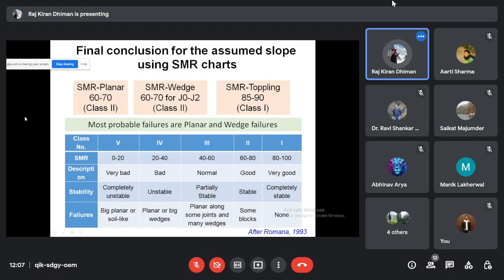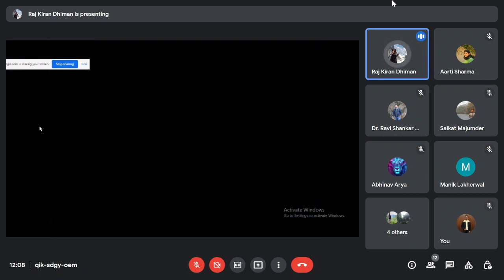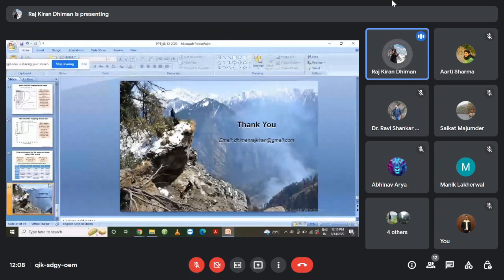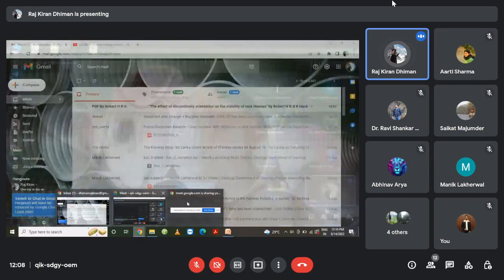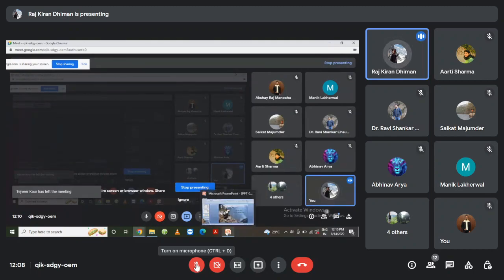So if you have any questions up to this, you can ask me, and I hope you all were able to understand this SMR classification system. You can ask me any questions if you have, or you can just ask me any silly question even if you have, because this is a discussion part here.